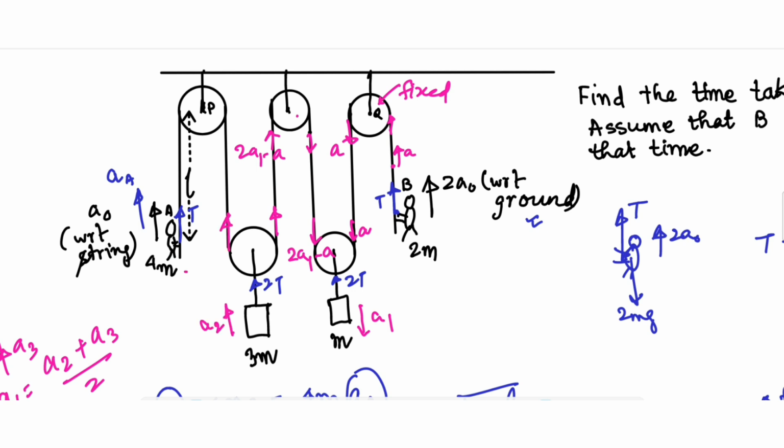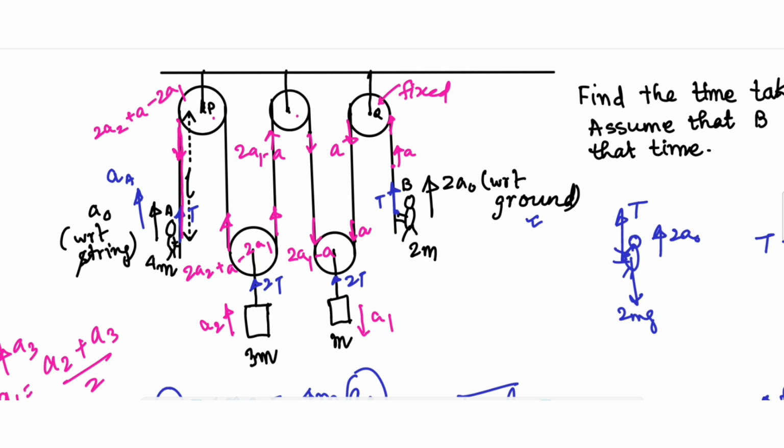Then this one will be 2A2 plus A minus 2A1. And here it is a fixed pulley, so the same thing will carry forward here: 2A2 plus A minus 2A1. That is the acceleration of the string in this region.